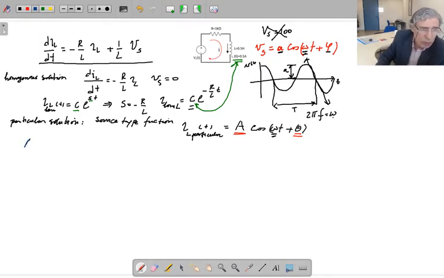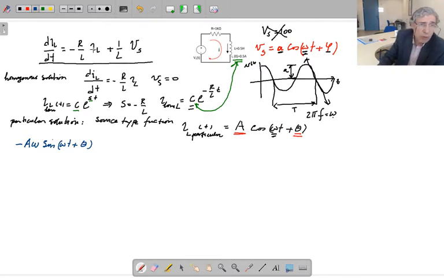So the derivative is A times omega sine omega t plus theta, and in front of it must be minus. The derivative of cosine is minus sine, isn't it? So this is the derivative of this function, the left hand side.